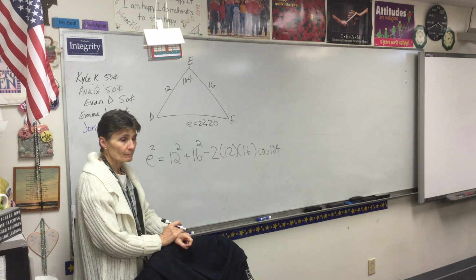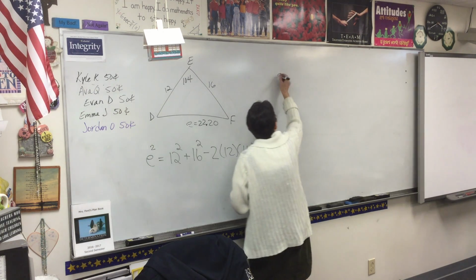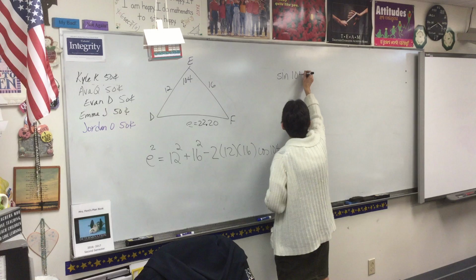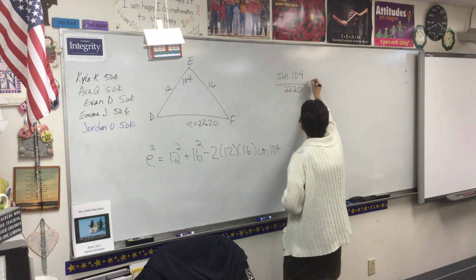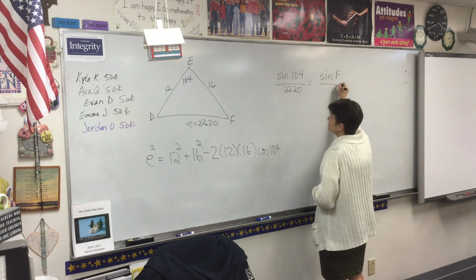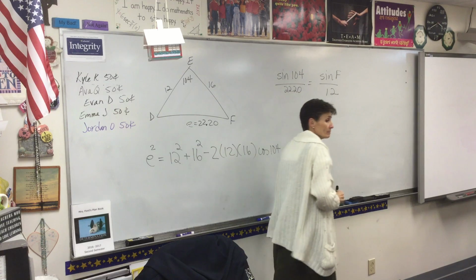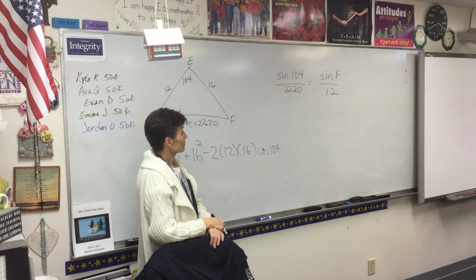Now what? Now we can do the law of sines. So sine 104 over 22.20 equals sine f over 12. Does that make sense to everybody?